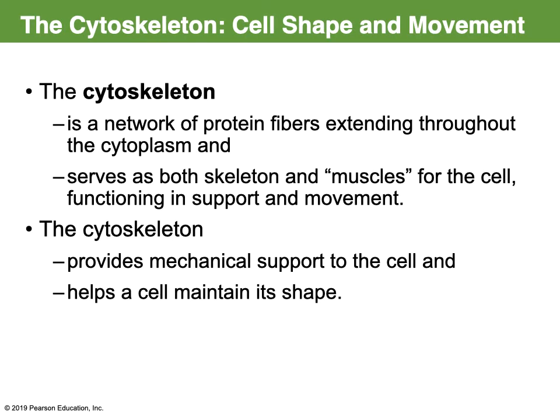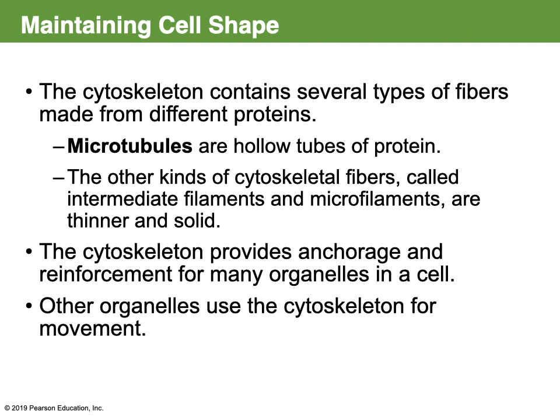Okay, so again, popping over that. Cytoskeleton. So this is a network of protein fibers extending through the cytoplasm, and again, serves as both skeleton and muscles for the cell. Actually, not just making a support framework, but also involved with movement of materials inside the cell. So the skeleton, again, provides mechanical support to the cell, like parts inside a building, beams and struts and all that, and helps maintain that cell shape.